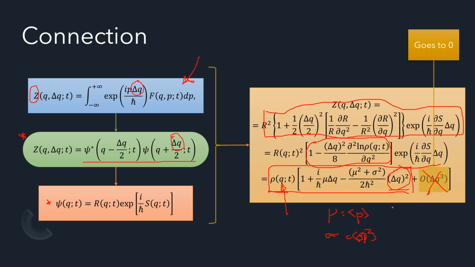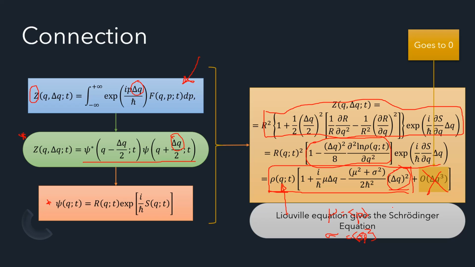Okay, this is what we were willing to say. Of course, when we have this result, we can just apply the axiom based on the integrated Liouville equation to find the Schrödinger equation. So this shows that we indeed have a connection between these two approaches, and this is what we were willing to show.